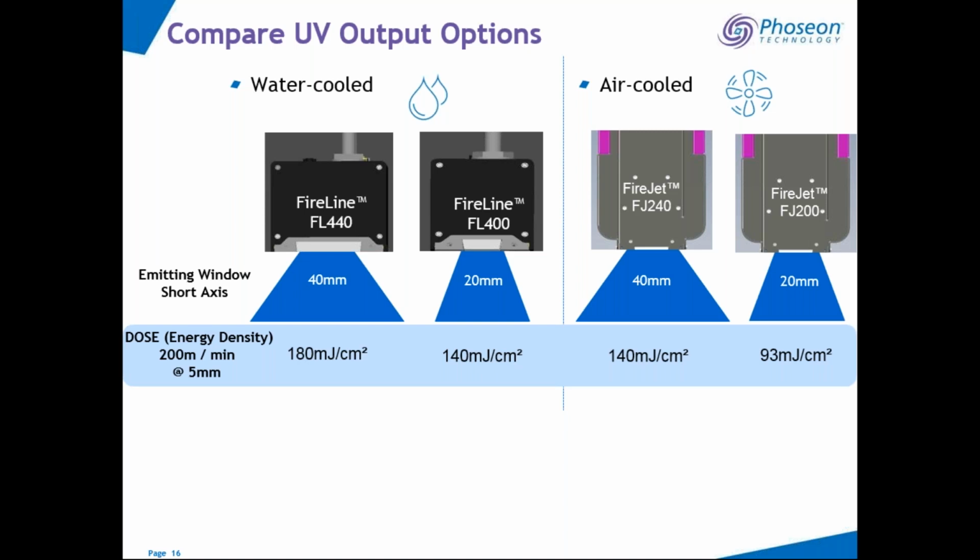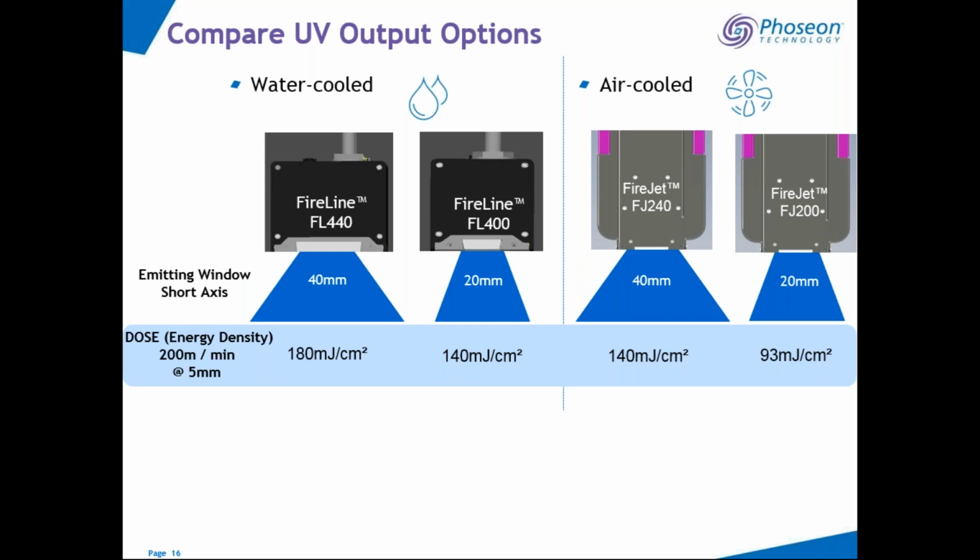And so as you can see, the largest amount of energy density or dose is 180 millijoules per centimeter squared, working off of our FL440. Now we have products across the spectrum, and you can drive that higher, and you can also go down to, in some of our 20 millimeter emitting windows, all the way down to 93 millijoules per centimeter squared.